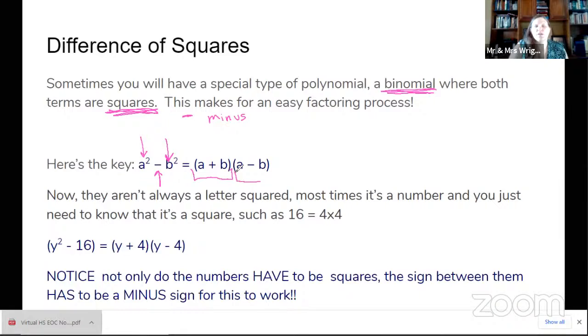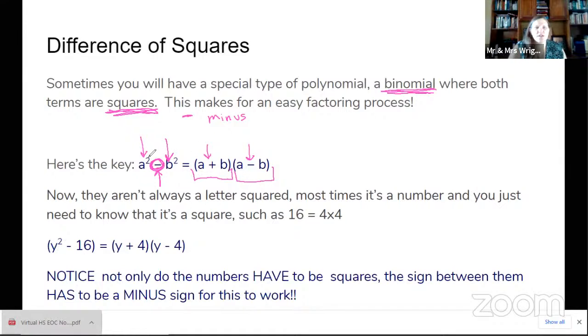And then that's being multiplied by a minus b. So again, the first term, the number that was squared, or the square root of whatever's there, and the square root of whatever the second term is, with a minus sign in the middle. So one thing you need to make sure to pay attention to is this only works with subtraction, and your answer will have 1 plus and 1 minus, okay?